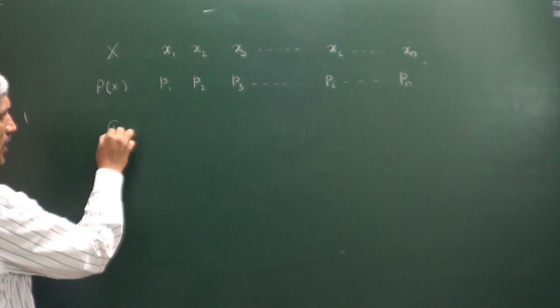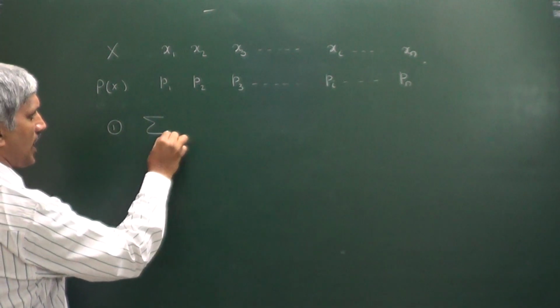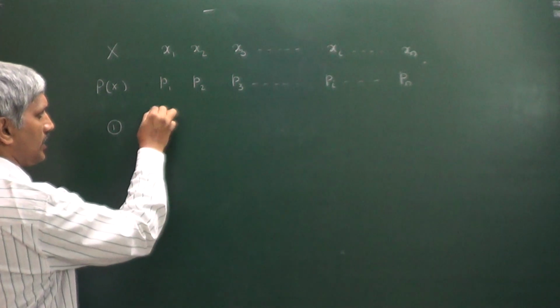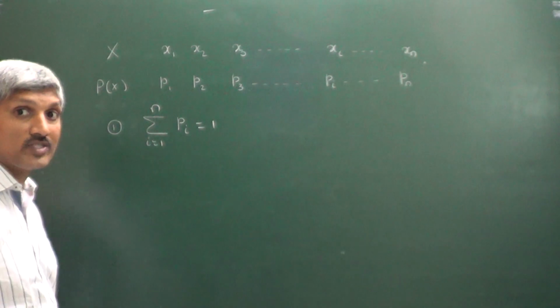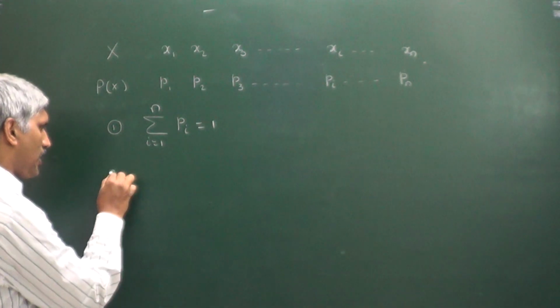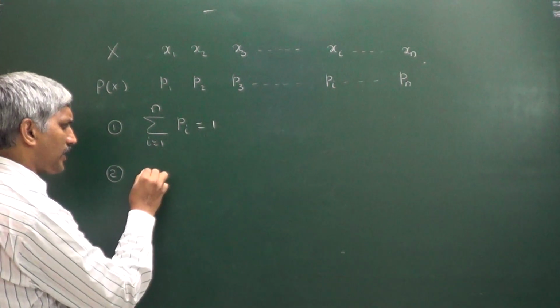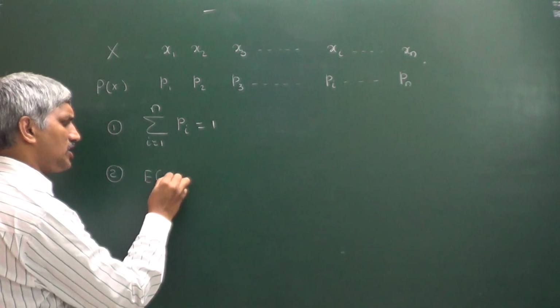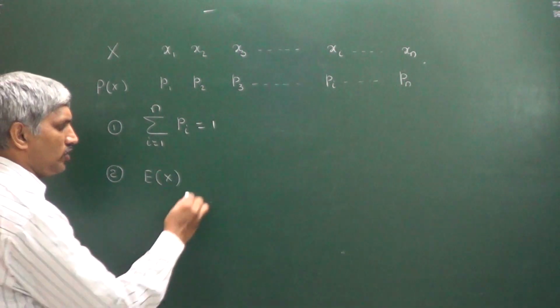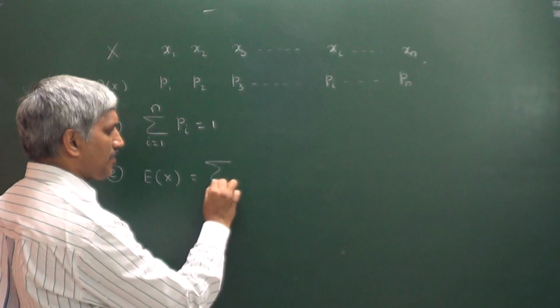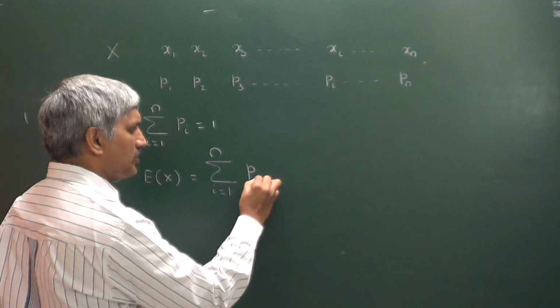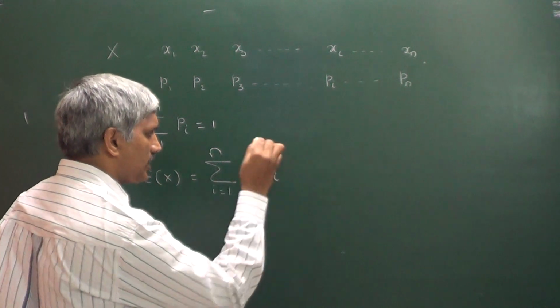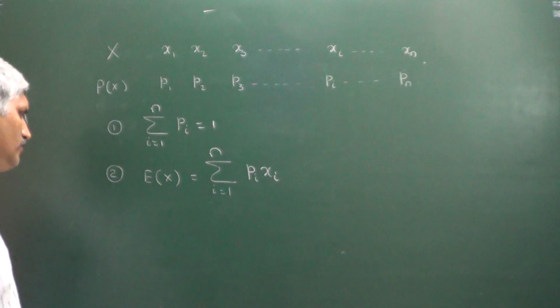The first point is summation i equals 1 to n of pi: the sum of the probabilities must always be 1. The next point is the expectation of X, which is the mean of the random variable, given by summation i equals 1 to n of pi into xi.